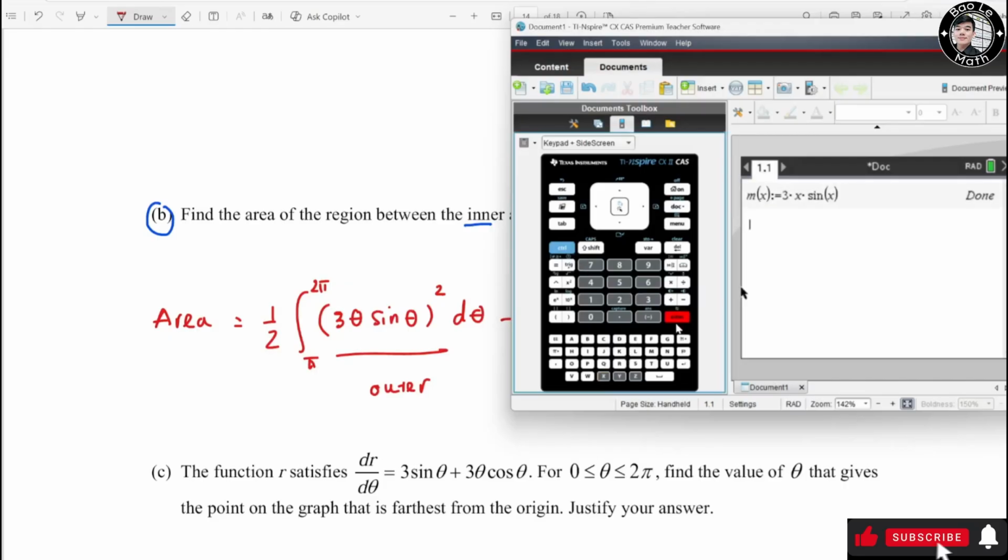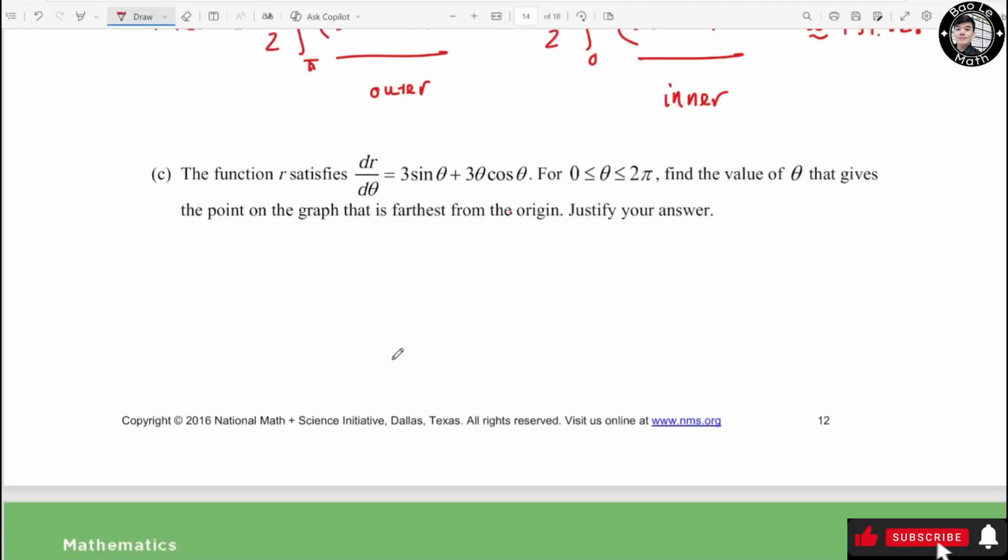Press enter. Now hit the button right here, input the integral, then press Ctrl enter. It's going to be 139.528.